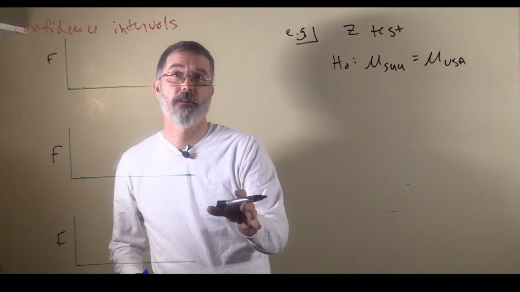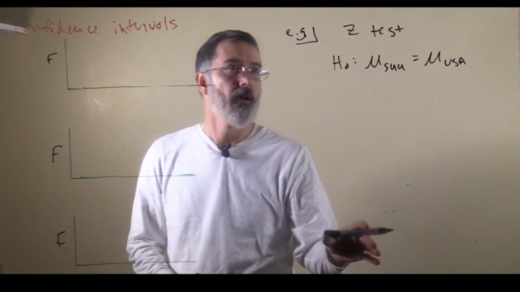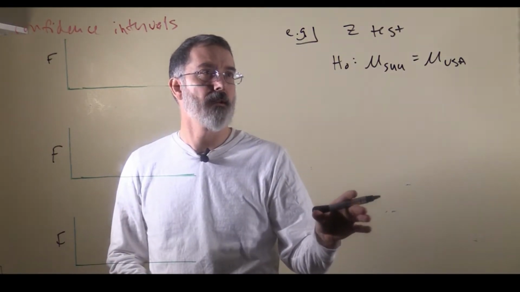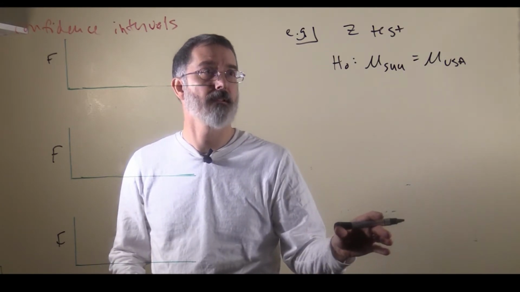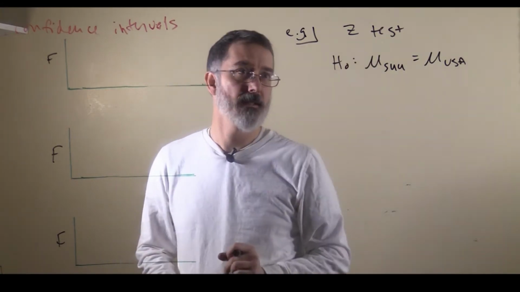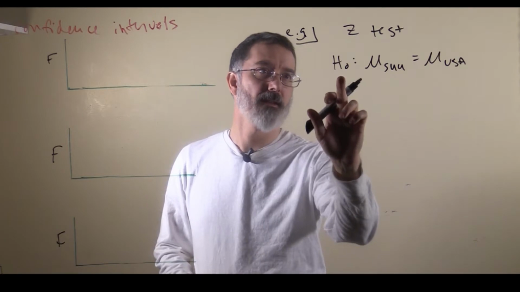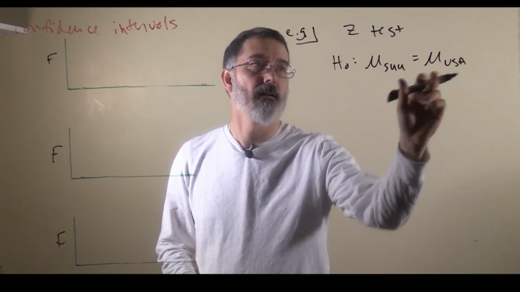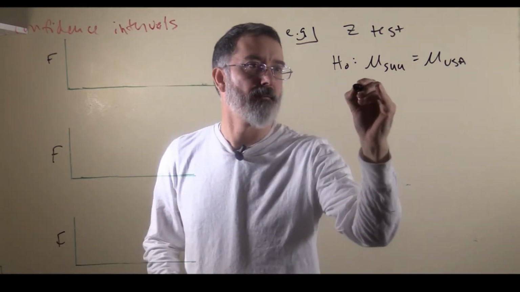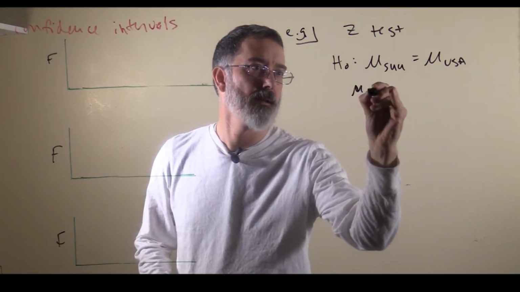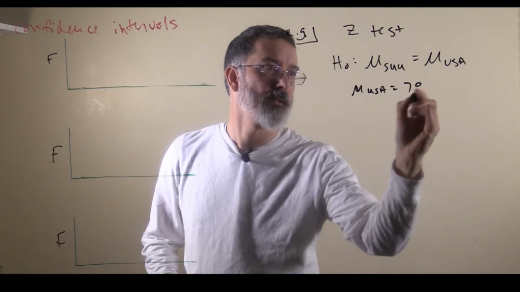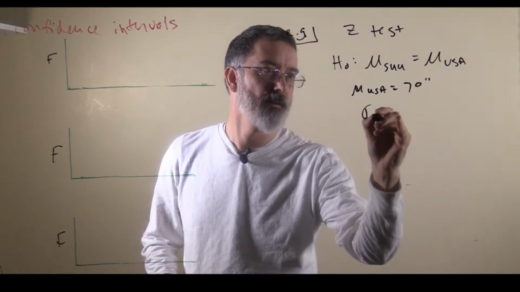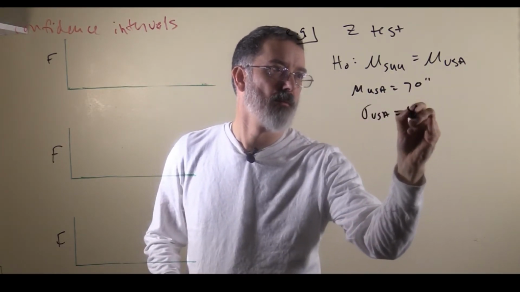So to illustrate how confidence intervals work, what I'd like to do is use the same scenario that was used when we introduced the z-test. So recall that the null hypothesis in that case was that the height of SUU men is the same as the height of American men. And for that, the American men's height was 70 inches and their standard deviation was 4 inches, right?